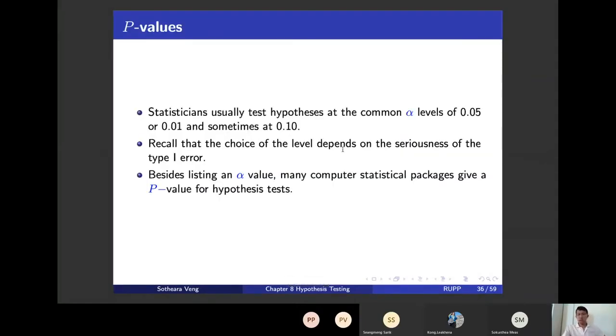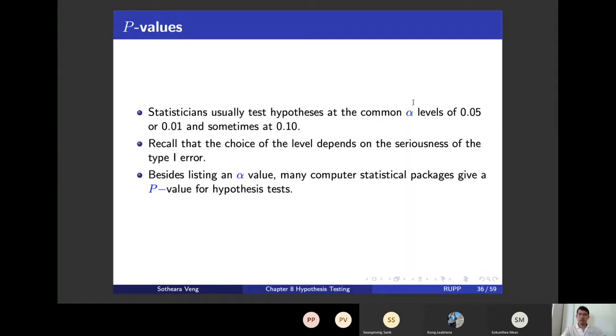So far you see that once you carry out a hypothesis testing, you have to decide on the significance level, the alpha. It could be 0.05, 0.01, or sometimes just 0.1. This is nothing but the seriousness of the type 1 error, right?